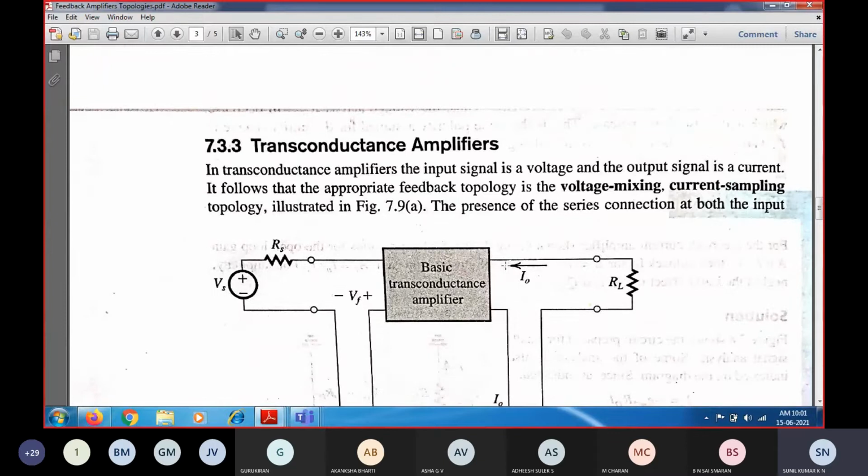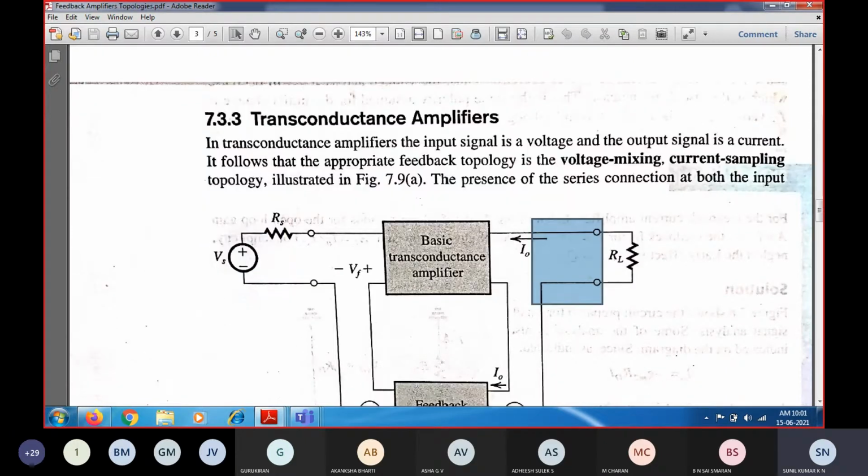And the third configuration is the transconductance amplifier. Transconductance means that the input will be voltage and the output will be current. So the output signal source is made up of current, and the input side is made up of voltage. So we need to sample the output side with the current, as in the previous case, in a series way at the output side.